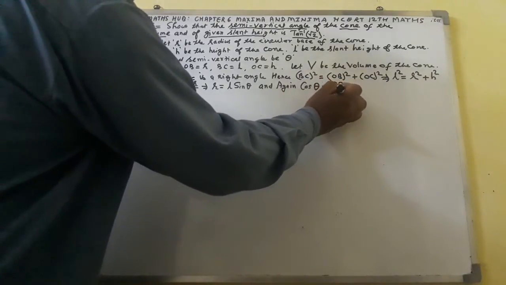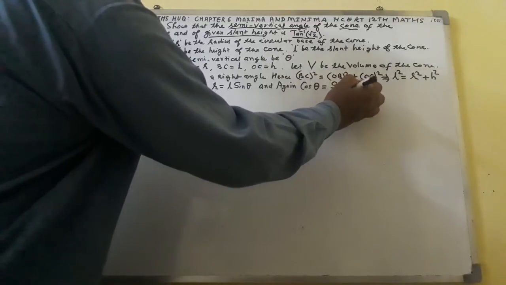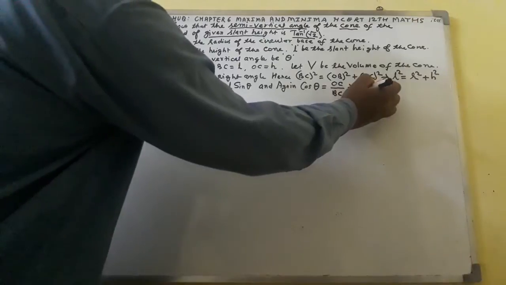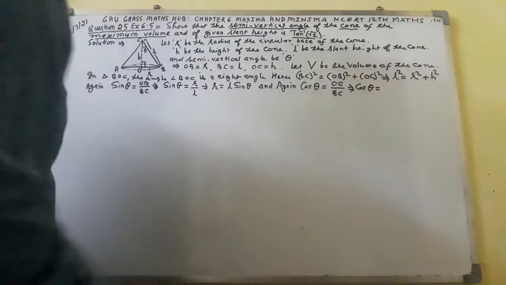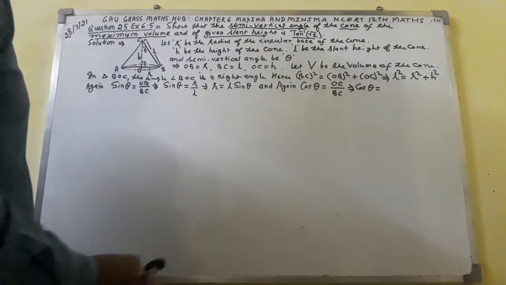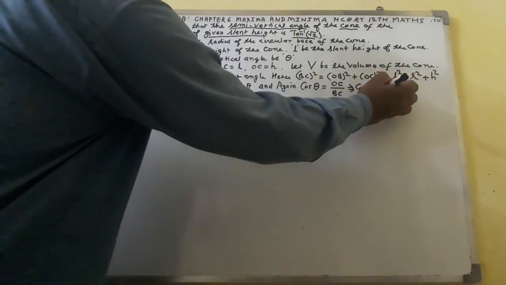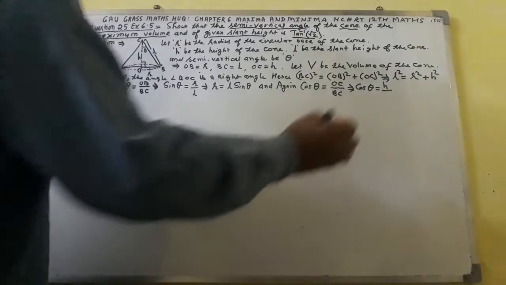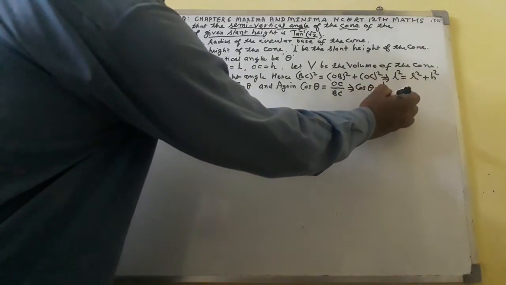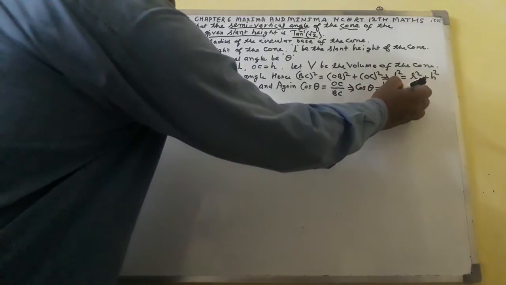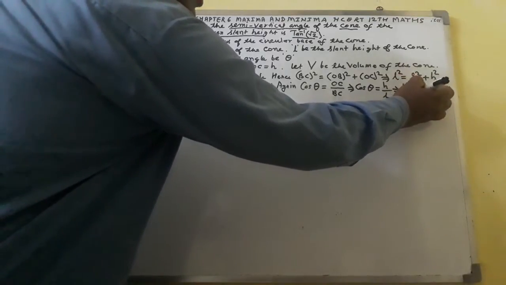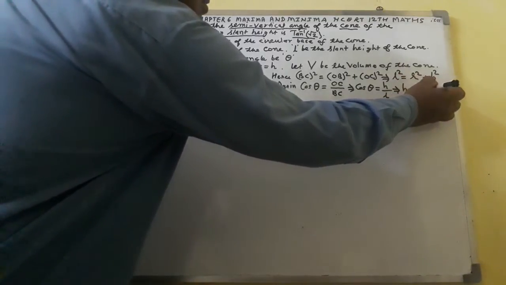The base is OC and the hypotenuse is BC. This implies cos theta is equal to H over L. So H is equal to L dot cos theta.